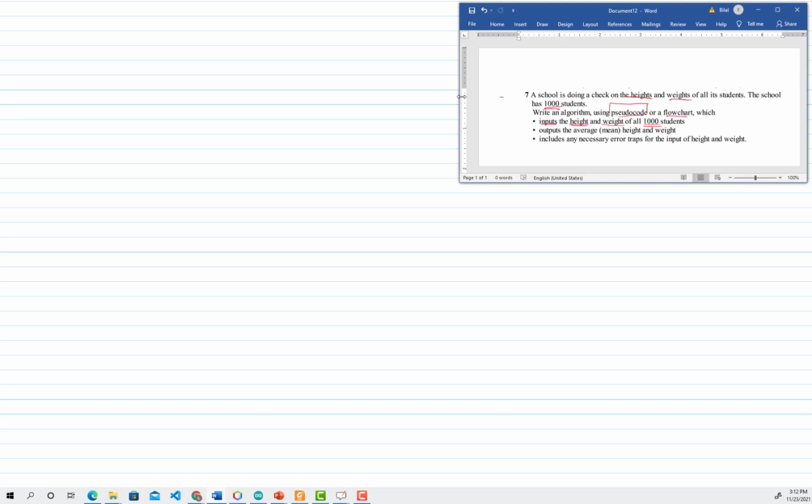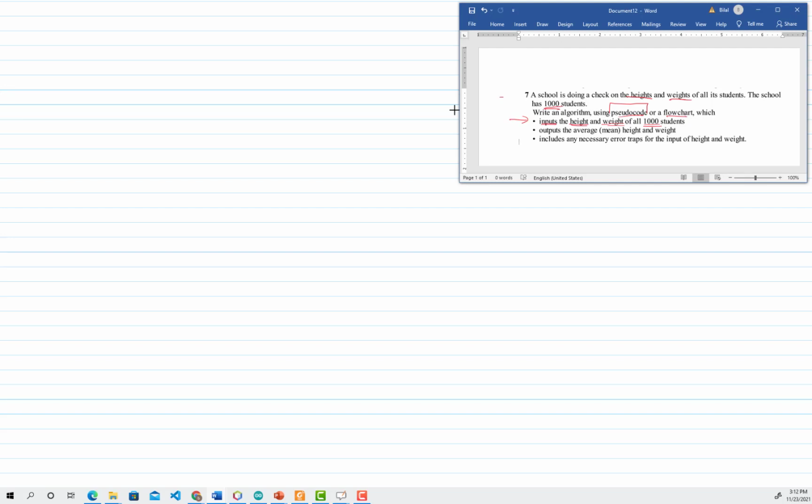We can use for, while, or repeat until. The best repetition structure for this seems to be the for loop, so we use a for loop. You can use while or repeat until, but the for loop here is most straightforward.